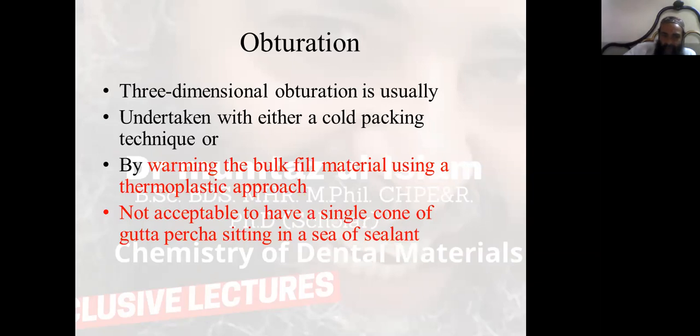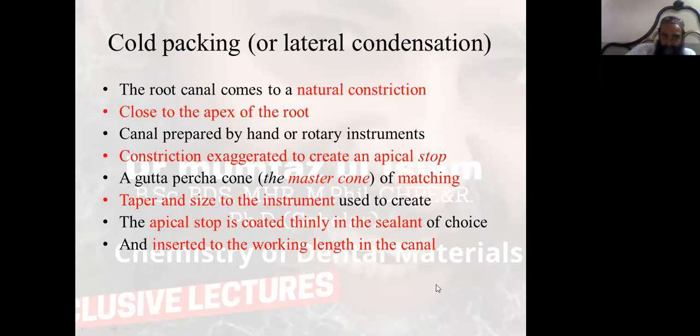and not acceptable to have a single cone of gutta percha sitting in a sea of sealant. You have to compact the cones. Cold packing or lateral condensation. The root canals comes to a natural constriction close to the apex of the root. Canal prepared by hand or rotary instrument.